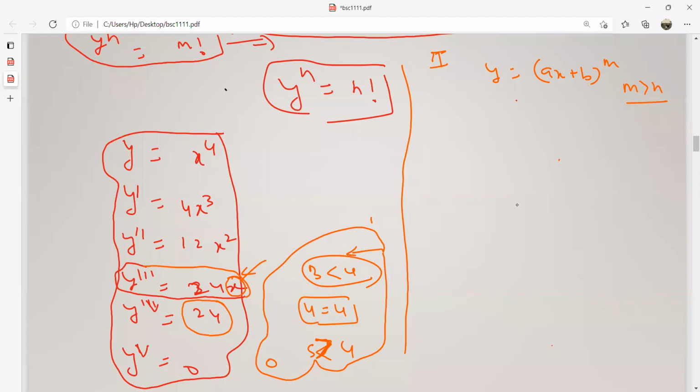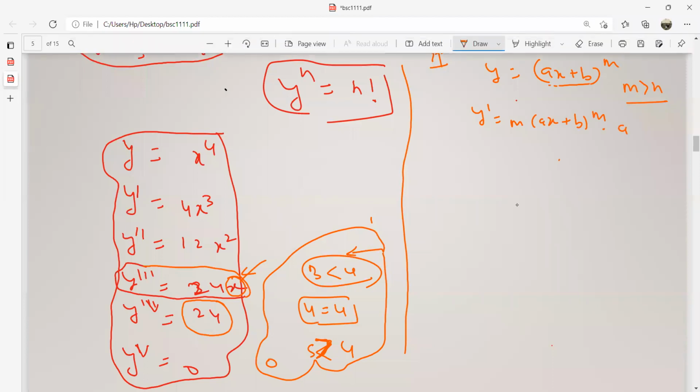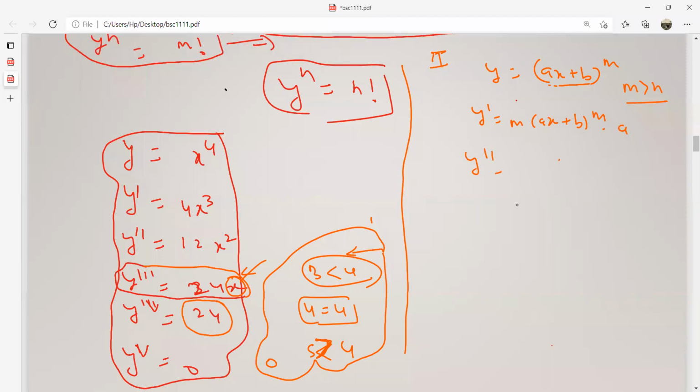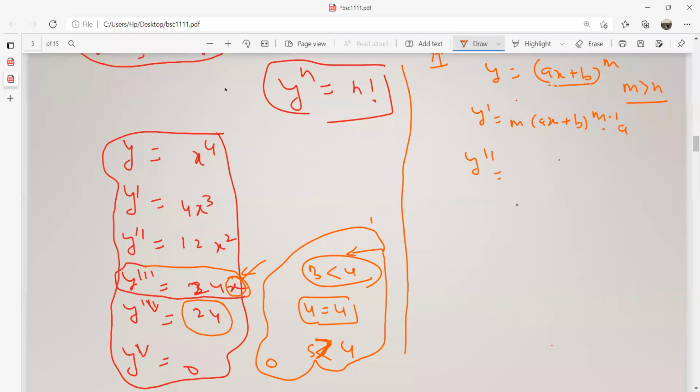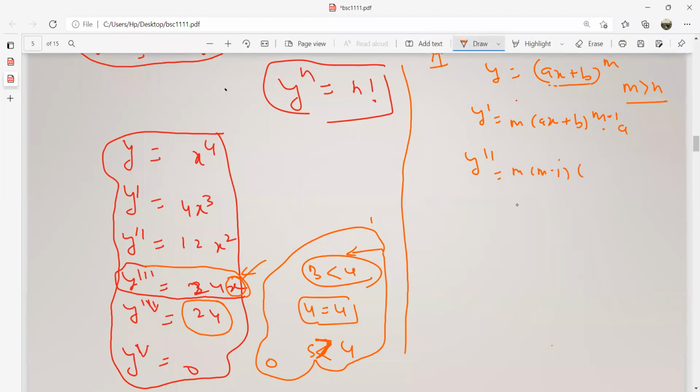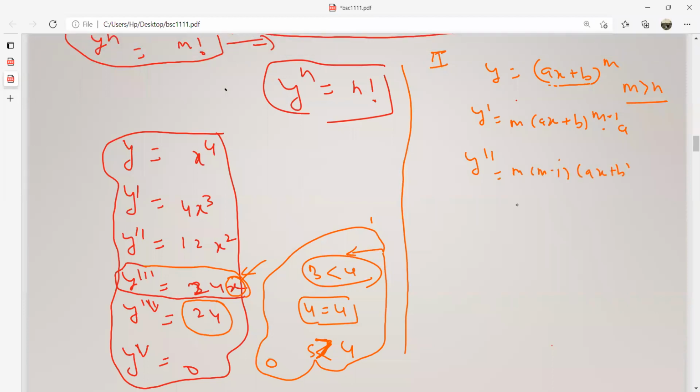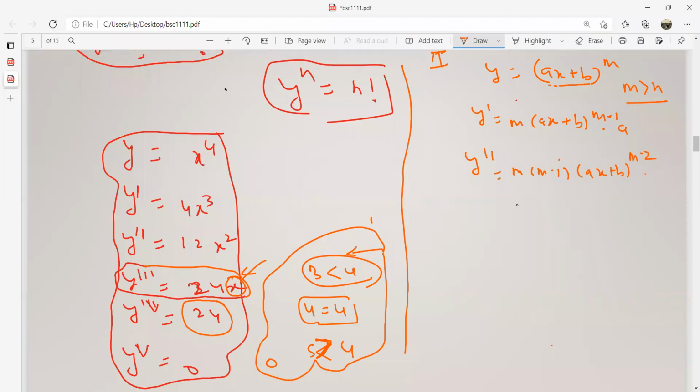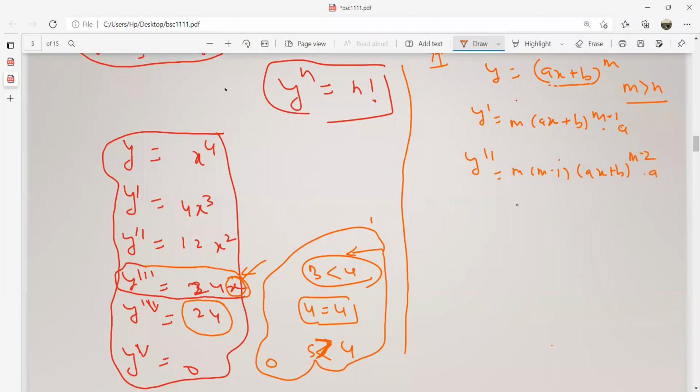If you differentiate this the first time, you find m (ax plus b) to the power m minus 1, and again differentiate the inside function, so you get a here. Again for the second derivative, you find m into m minus 1, please correct here, and a squared (ax plus b) to the power m minus 2. Here one a is already there, and again one a is here.